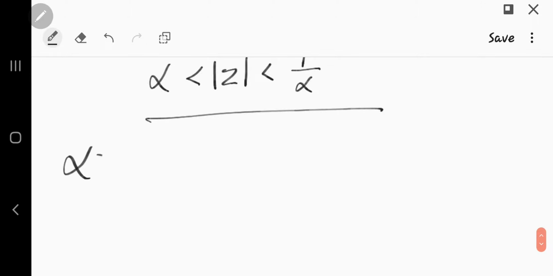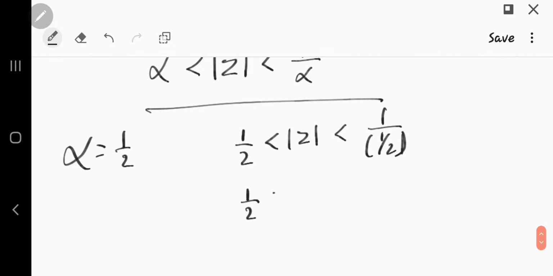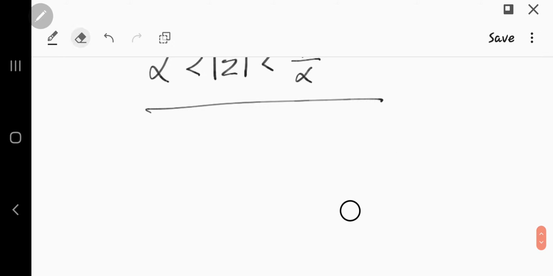Suppose I take alpha is equal to 1 by 2, then it will look like 1 by 2 less than z less than 1 divided by 1 by 2. So that means z will be between the two circles, between this 1 by 2 and 2 circle. This is just an example I'm showing you. Like this you can plot the ROC by taking a value for alpha. So moving on to the next problem.